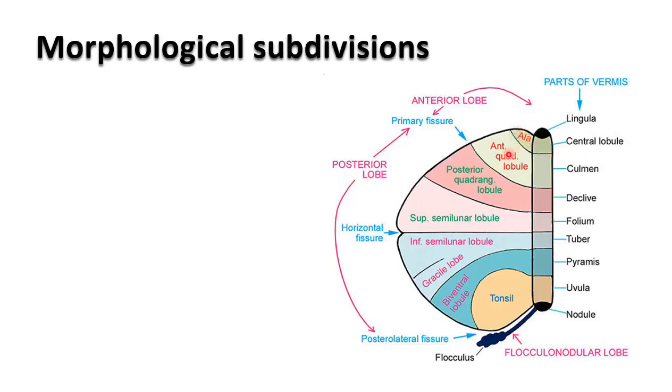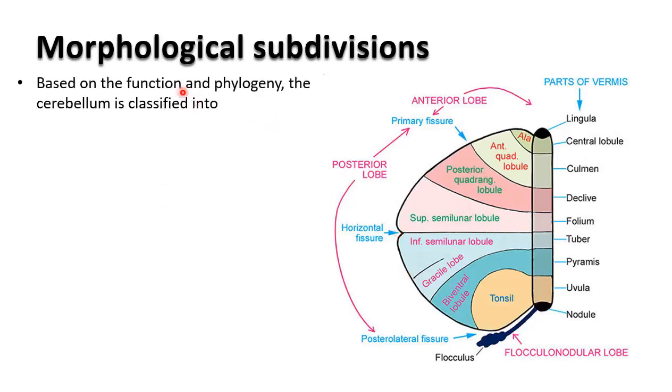Then you have anterior quadrangular, posterior quadrangular, superior semilunar, inferior semilunar. Then you have the gracile lobule, biventral lobule, and the tonsil. These are the corresponding areas of the cerebral hemispheres with respect to the subdivisions of the vermis. You need not worry about or memorize all these names.